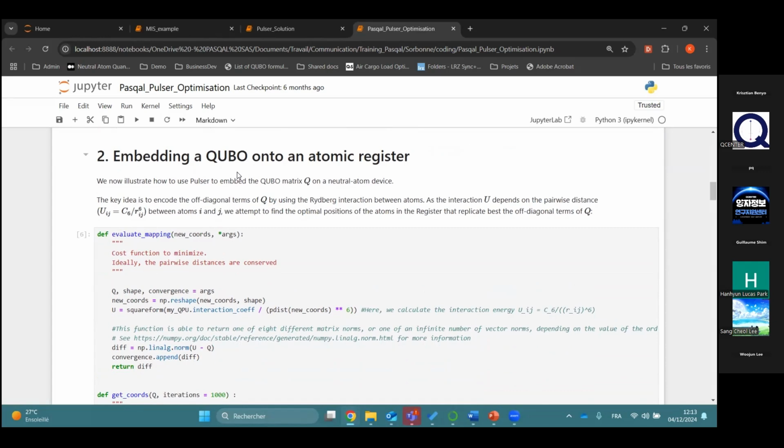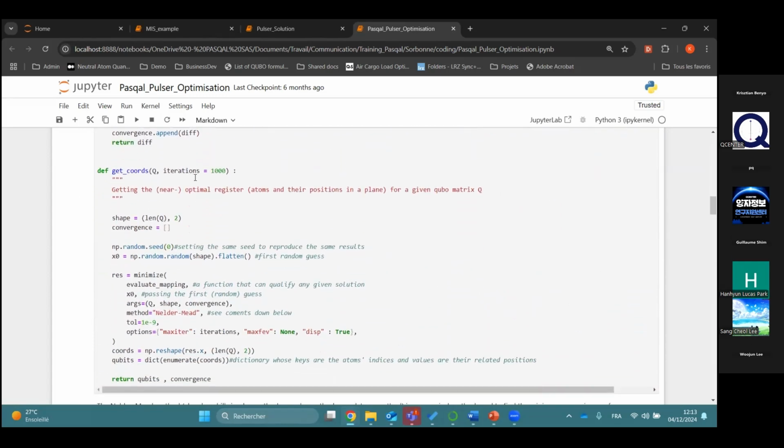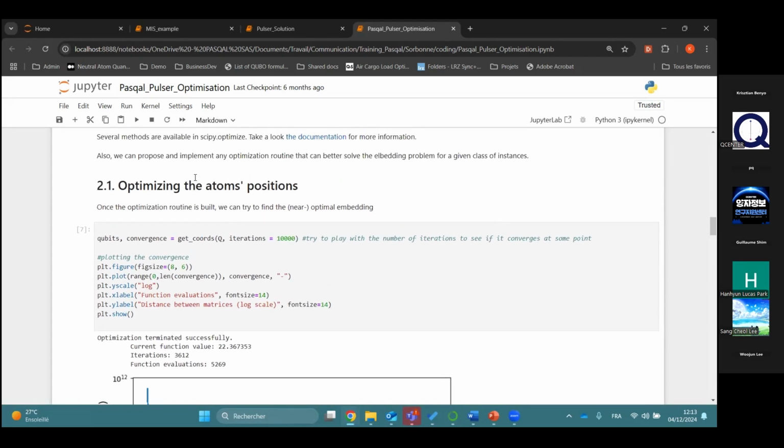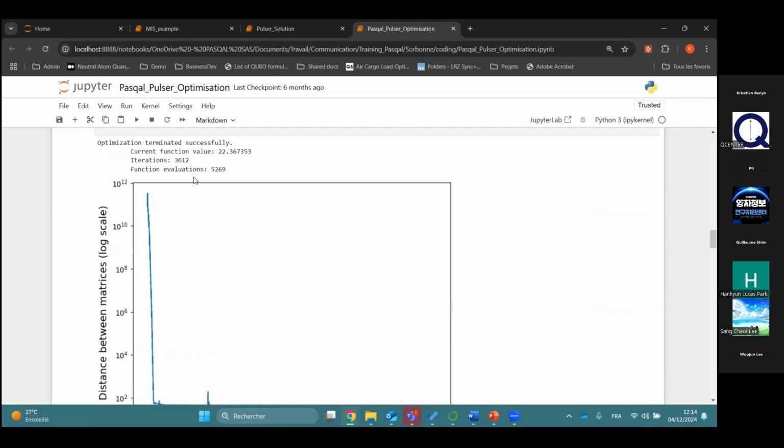We need to choose the placement of the atoms so that the distances between the atoms are a representation of my Kubo matrix. Therefore, this becomes an optimization problem that can be run on a classical resource in order to find the atomic positions that are the closest in terms of matrix representation to my Kubo matrix.